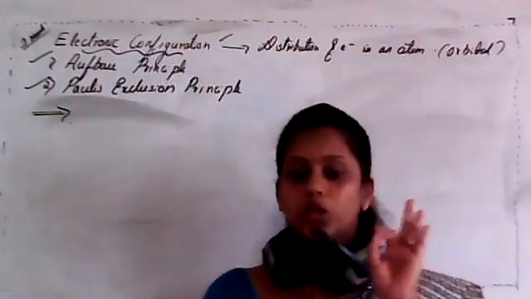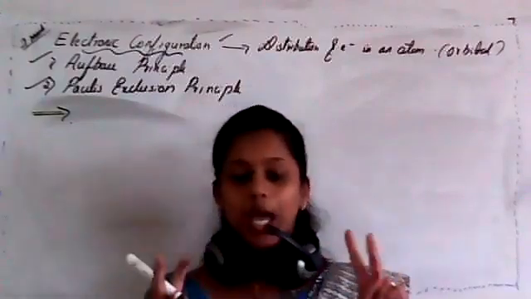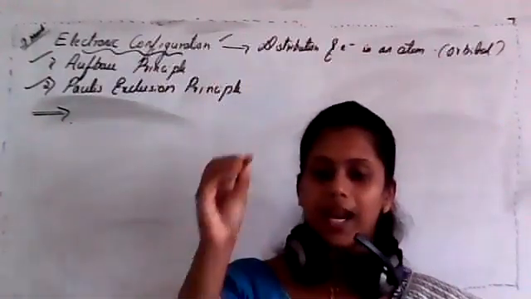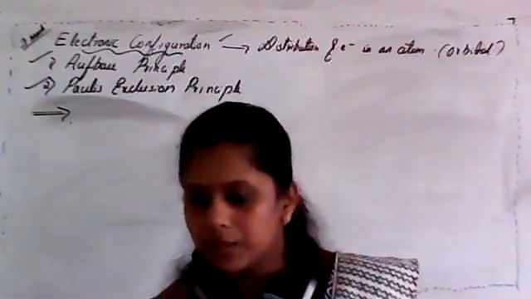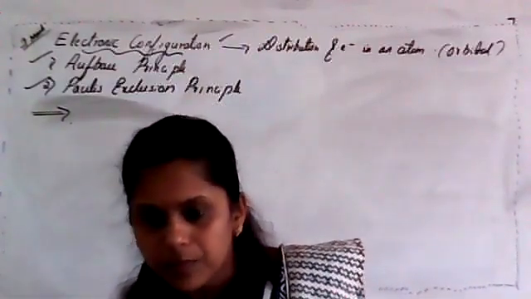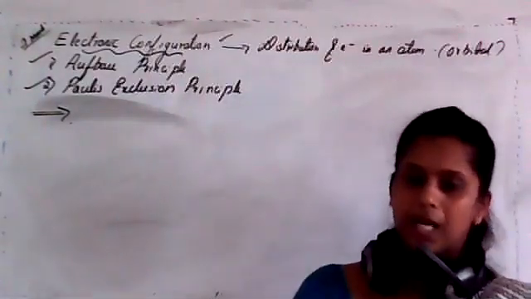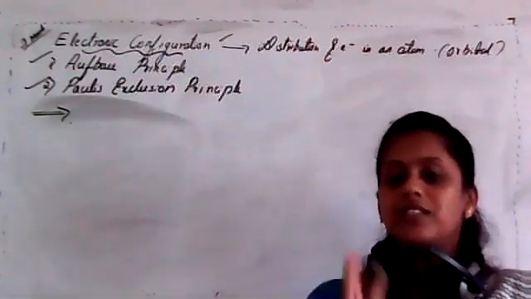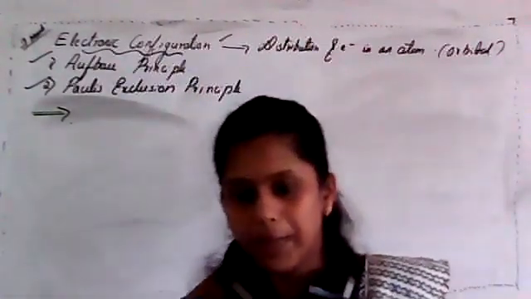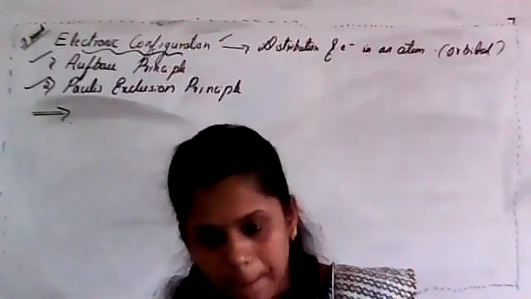No two electrons in an atom can have the same sets of 4 quantum numbers. That means the electrons must have different sets of quantum numbers.